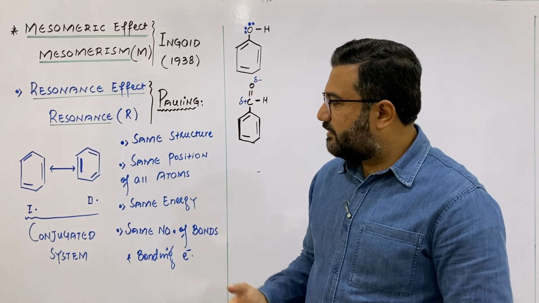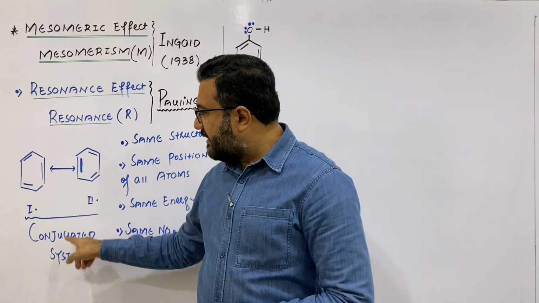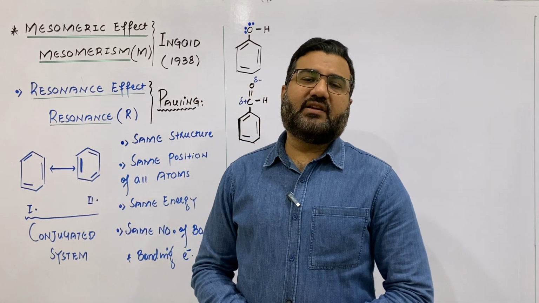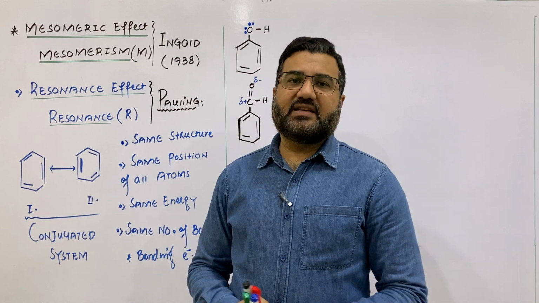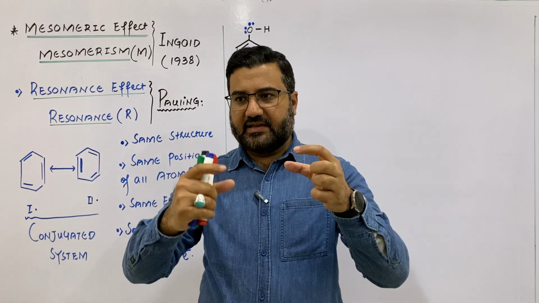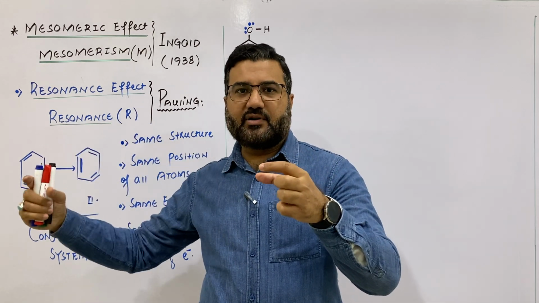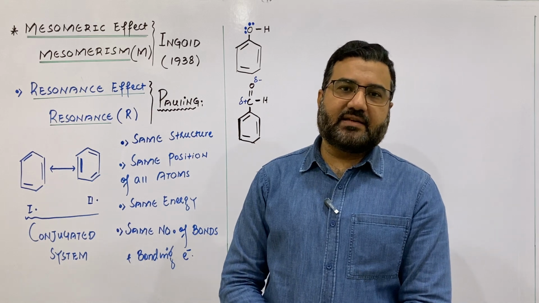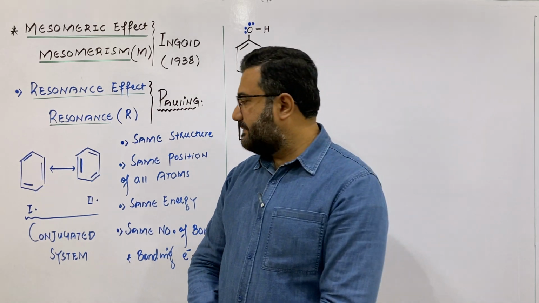But before discussing it, keep in mind that these two structures are also conjugated systems. You are well aware that a conjugated system means the presence of alternate pi bonds, meaning double bond, single bond, double bond, single bond, double bond. If this arrangement is seen in a structure, we will say that it is an example of a conjugated system.